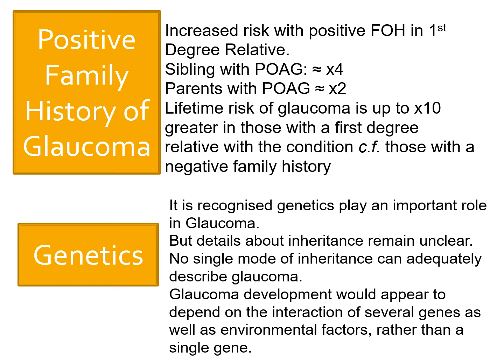So lifetime risk of glaucoma is up to 10 times greater in those with a first degree relative compared to those with a negative family history. And it's recognised that genetics play an important role, but the details of it are very, very woolly. It's multifactorial by the looks, and it would depend on a whole lot of things. Because I don't understand genetics very well, I'm not going to linger on that one. And it doesn't really help us the way we treat it anyway.